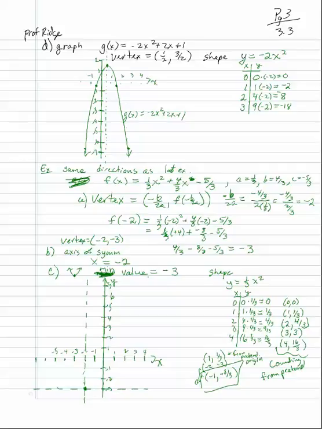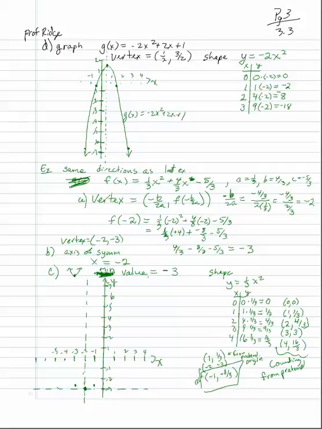So negative 1, negative 8/3, or counting from the vertex, 1, 1/3. And then I get my mirror image.